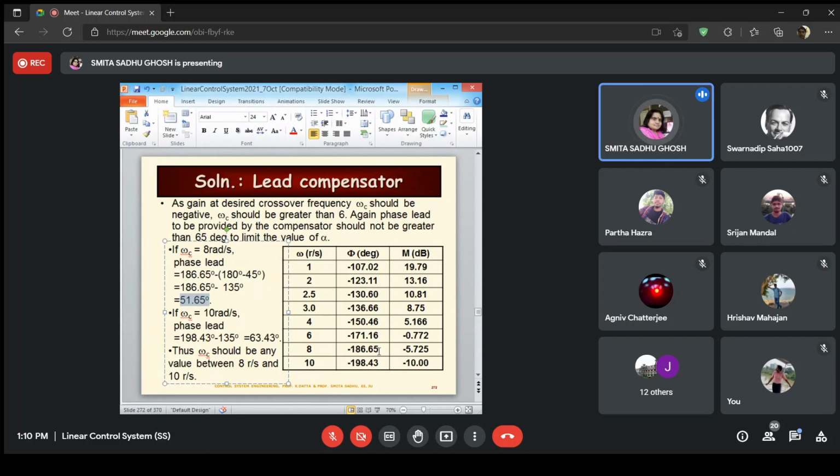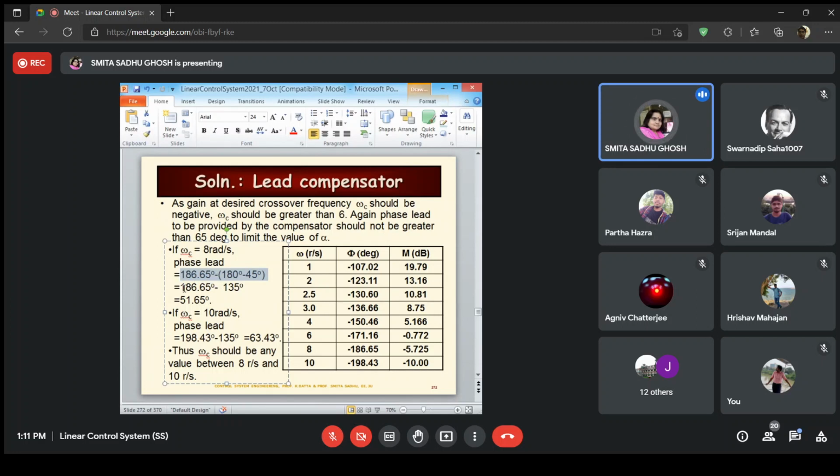So originally the phase at 8 radians per second was minus 186, but I want it to give me minus 135 degrees ultimately, so that my phase margin is equal to 45 degrees. So the 186 that I had earlier minus this 135 degrees, or you can say minus 135 minus minus 186, minus minus makes it plus actually.